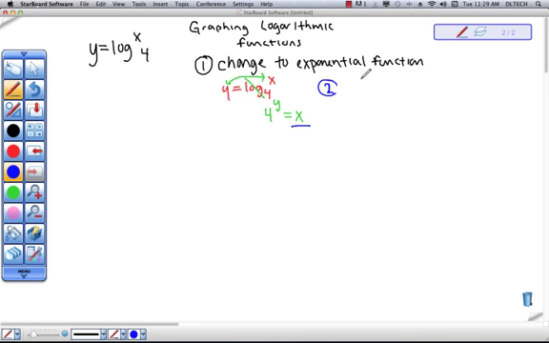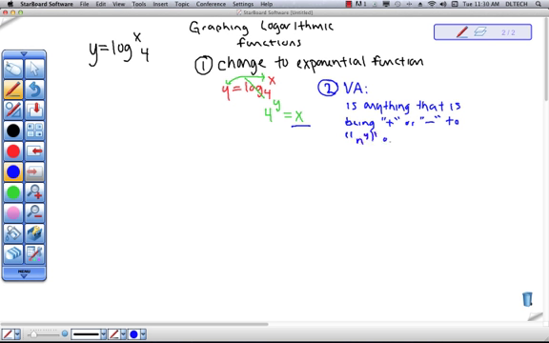Once again, our VA is anything that is being added or subtracted to, in this case, the y.